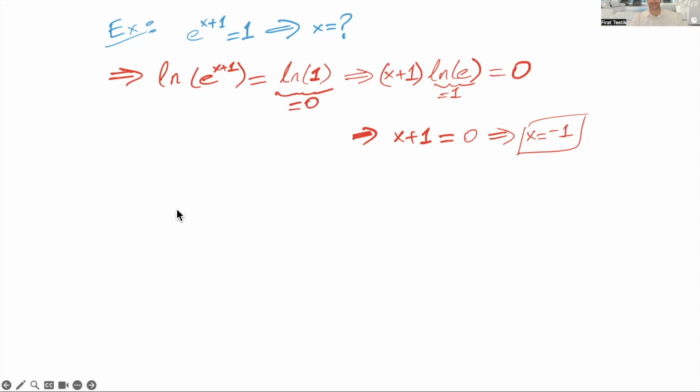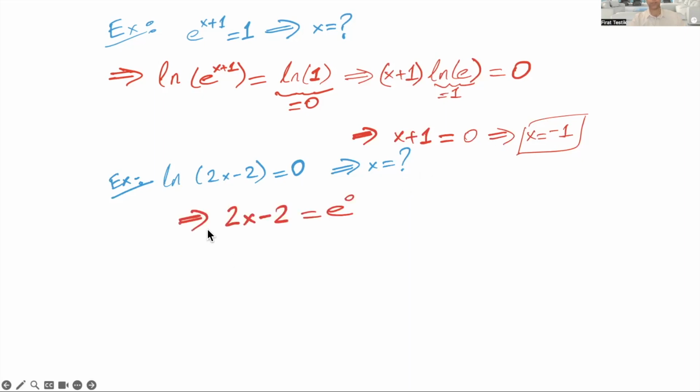All right. As the next example, let's consider the natural logarithm of 2x minus 2 equals 0. If that is the case, then what is the value of x? For this, let's use the definition of natural logarithm.